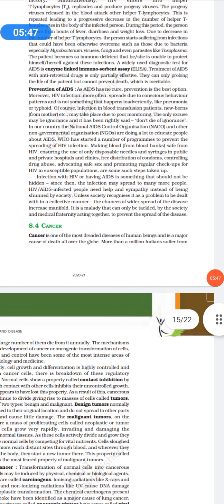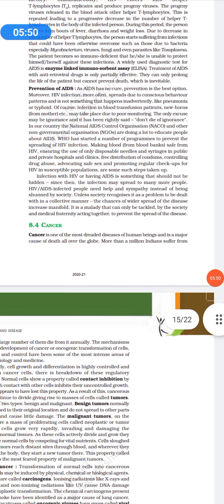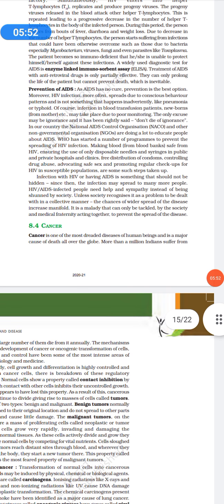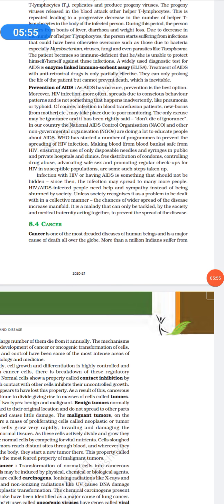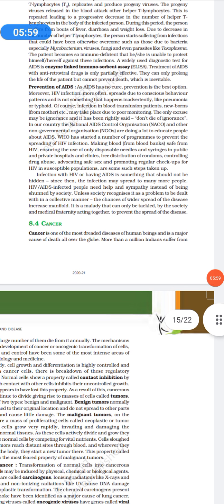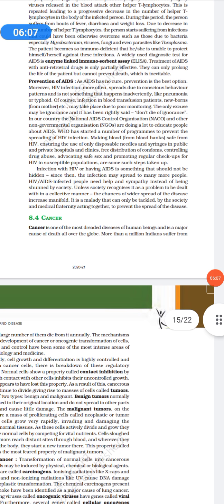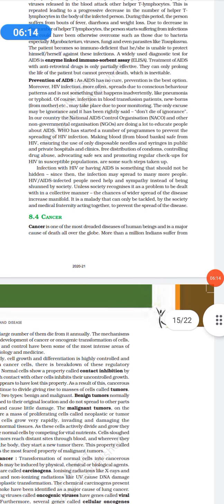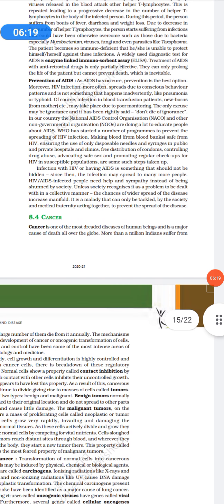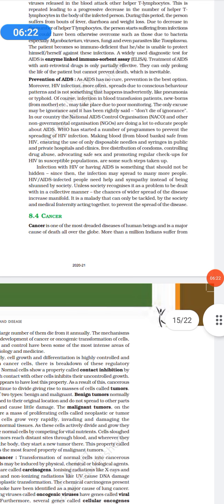WHO has started a number of programs to prevent the spreading of HIV infections: making blood safe from HIV, ensuring the use of disposable needles and syringes in public and private hospitals and clinics, free distribution of condoms, controlling drug abuse, advocating safe sex, and promoting regular checkups for HIV in susceptible populations.